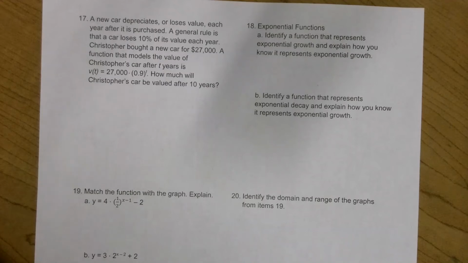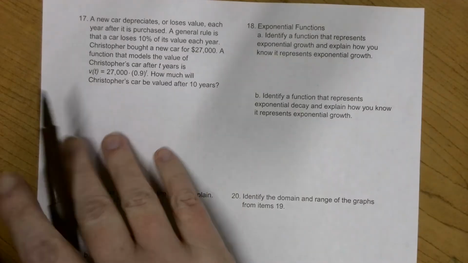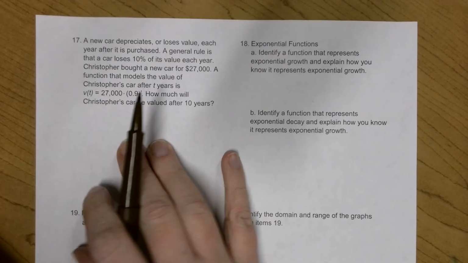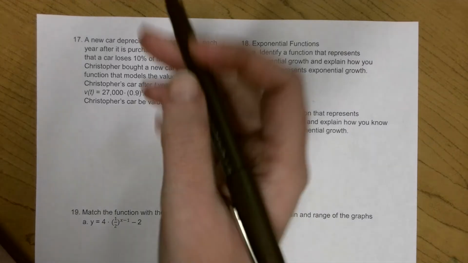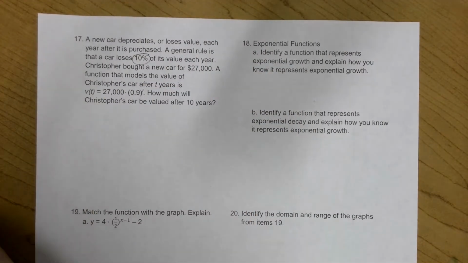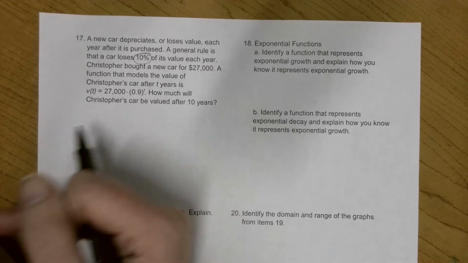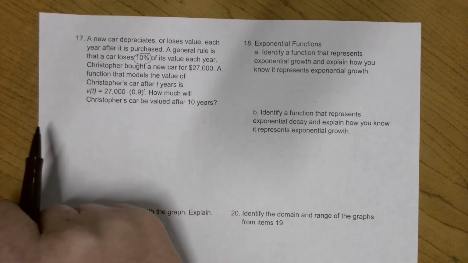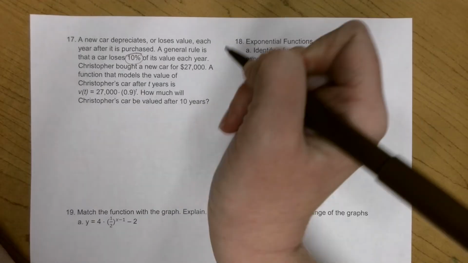If you think about a car you would have bought 5 years ago, it's nowhere near as nice as a car you'd buy today. So Chris has got a car, and as a general rule, a car loses about 10% of its value each year. I think nowadays it loses more, but just as a general rule, about 10%. Chris bought this new car for $27,000.